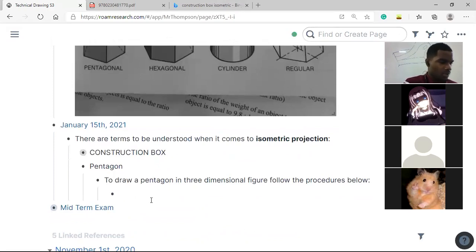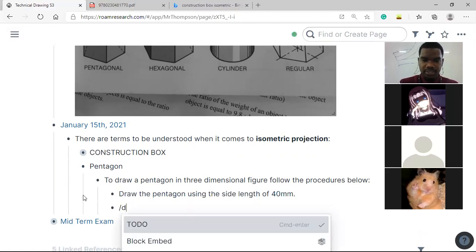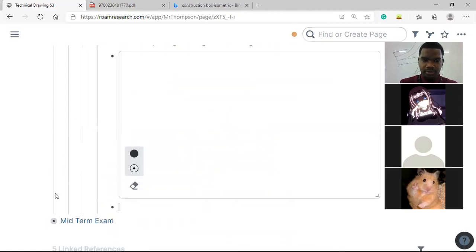So, step 1, draw the pentagon using the side length of 40 millimeters. Let me just quickly sketch how a pentagon looks again.